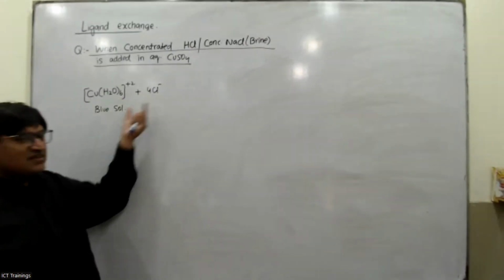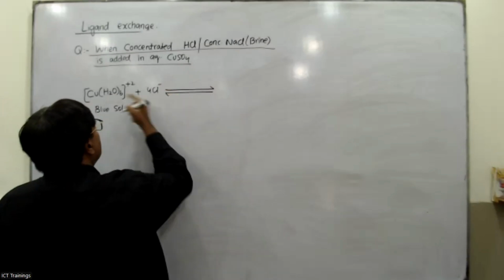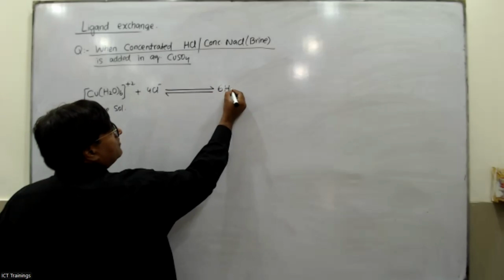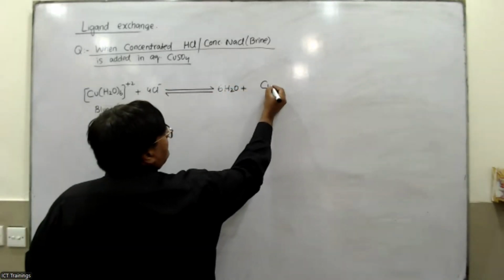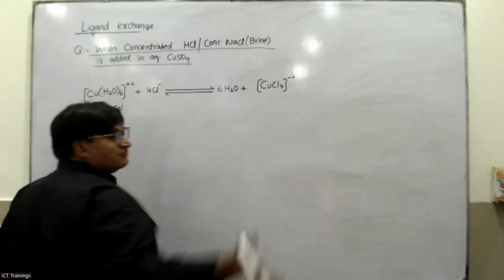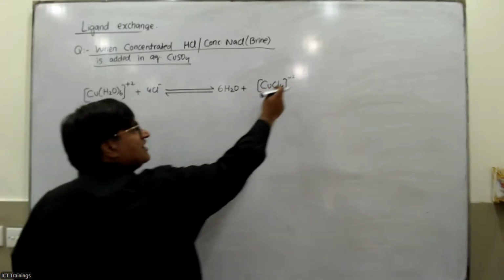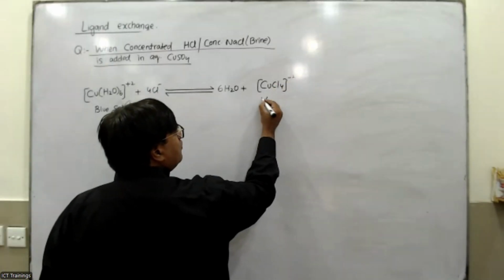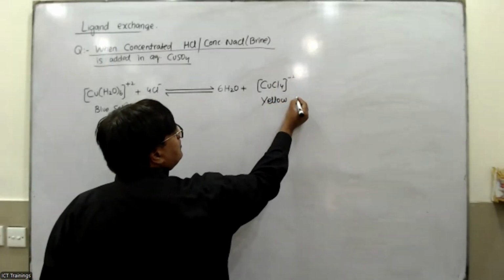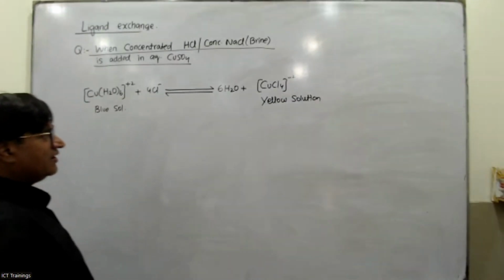These chloride ions are going to replace the 6 water molecules from here, and you will get a new complex CuCl4 negative 2. If you look at the color of the copper complexes, CuCl4 negative 2 actually forms a yellow solution. Did you get it?